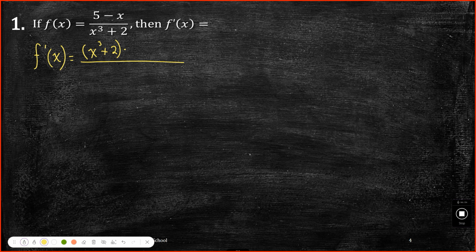What's the derivative of the top function? Negative 1. The bottom times the derivative of the top, minus the top, 5 minus x, times the derivative of the bottom. What's the derivative of the bottom? 3x squared. All over the bottom squared.